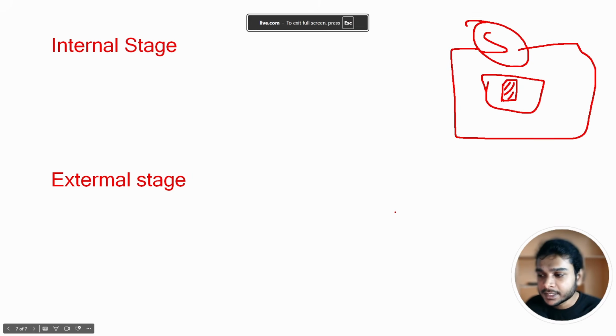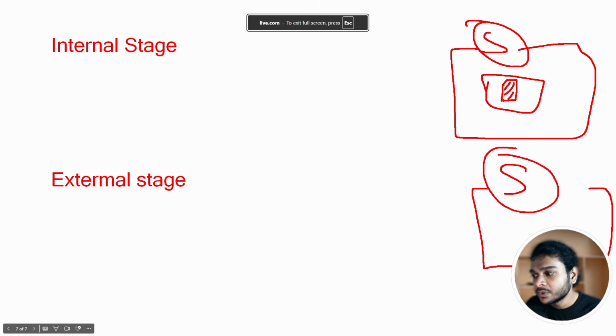But what external stage does is, it is independent. The storage it uses is independent to Snowflake. You don't use Snowflake storage, but it uses any other cloud platform storage. This is any of the cloud storage, and there it creates a stage. We define it as a stage. We don't create a stage. We define a cloud storage as a stage, a cloud bucket as a stage.